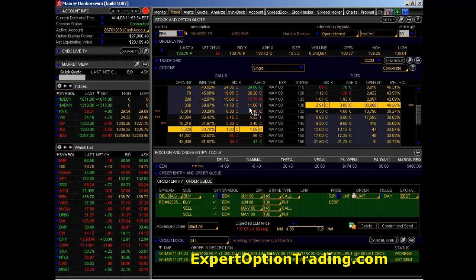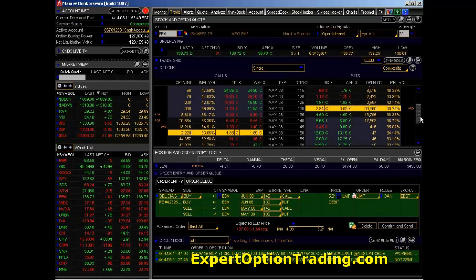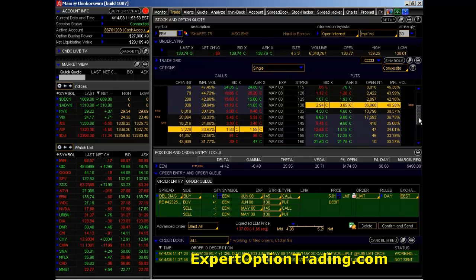I like the EEMs for index trading. The prices are quite good. They're a little bit more expensive to buy on a double calendar, but that also means that there's quite a bit more profit potential in these, and it seems to trend quite well. So that's it for today for opening positions.